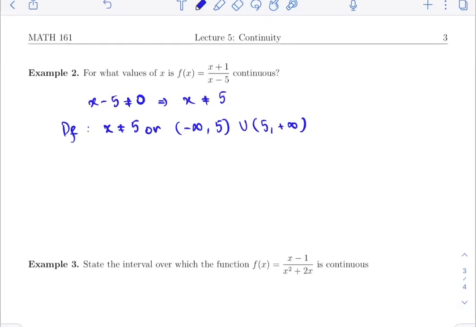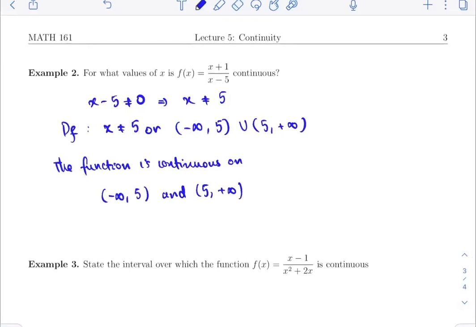The function is continuous on the interval from negative infinity to 5 and from 5 to positive infinity.